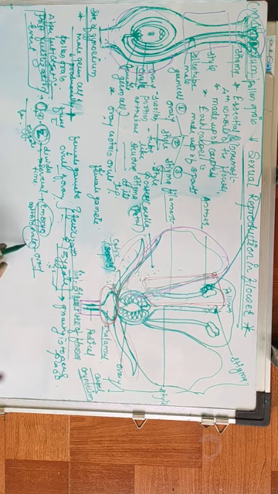Now these ovules develop a tough coat and gradually convert into the seed.